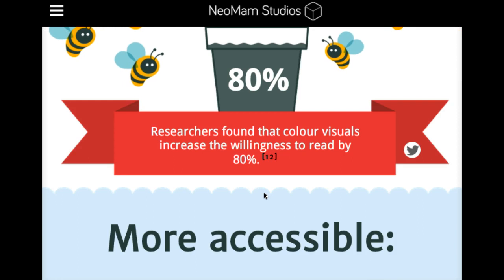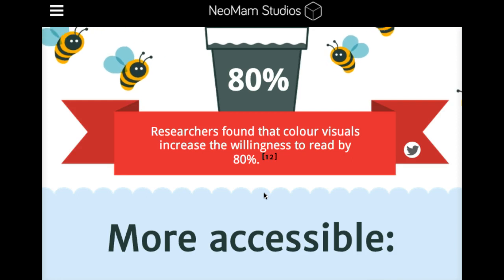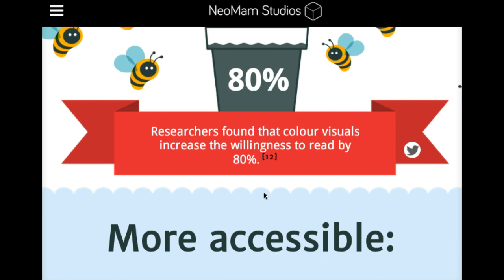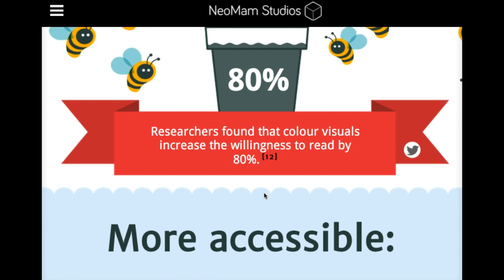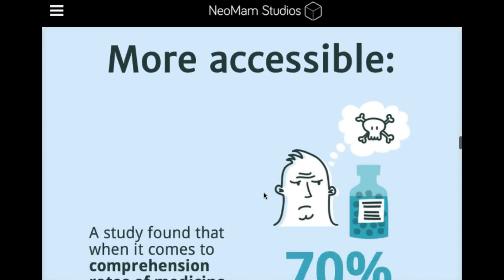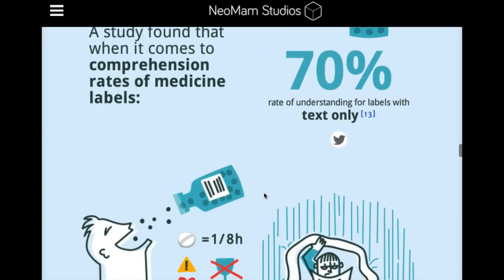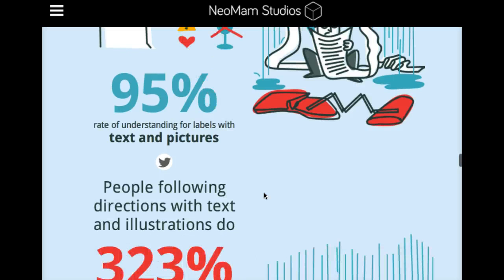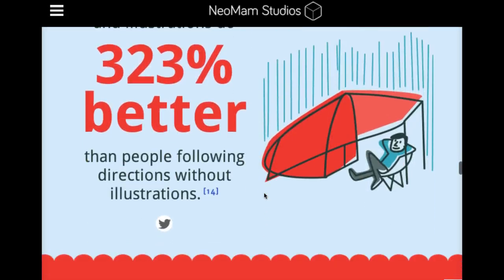So it's a nice way to compile information and data so that the reader or the audience of this particular piece of communication doesn't get overwhelmed. Also think about your ELL students.